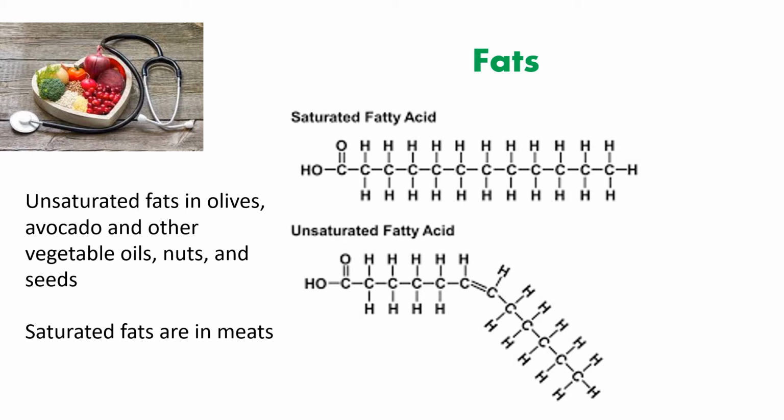In general, it's been taught that unsaturated fats in olives, avocados, other vegetables, nuts, and seeds are healthier than saturated fats, which tend to be found in meats. Now, there are studies showing that this may or may not be the case, and that saturated fats are also healthy. But again, that'll be for a different video.